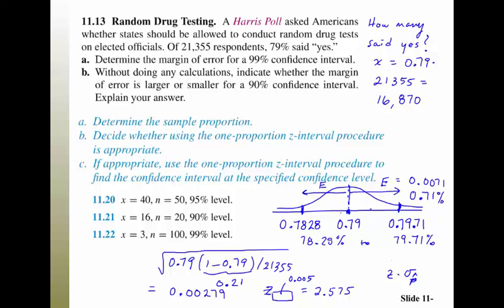Multiply z sub alpha over 2 by the root of what is in the root. Right. And so what does E have to do with that? So are you saying that's what E is?